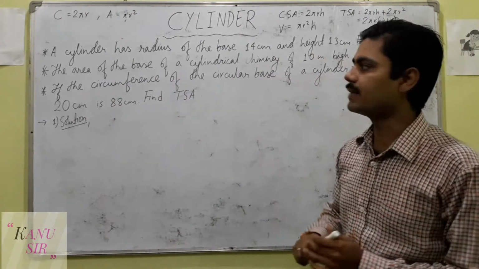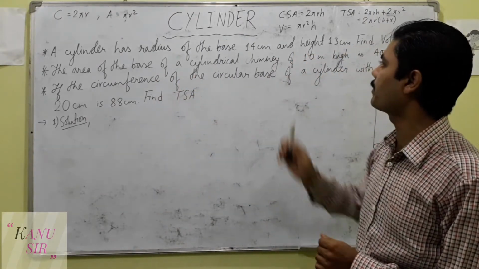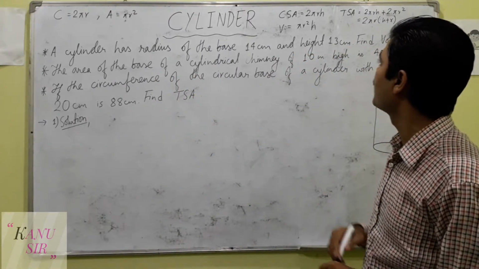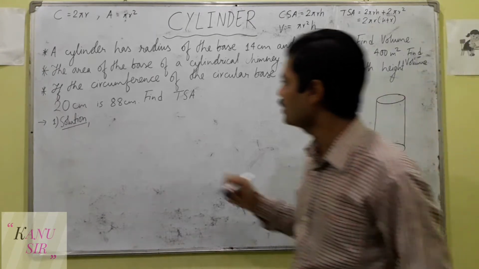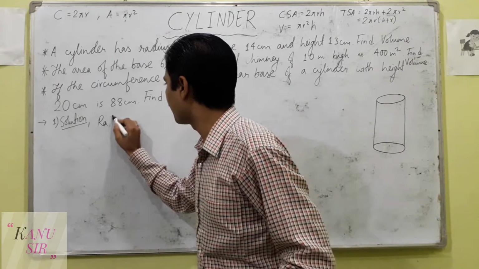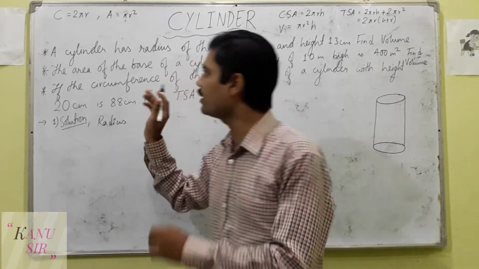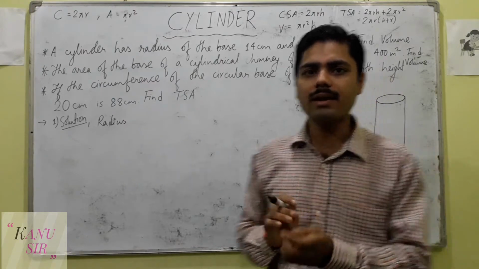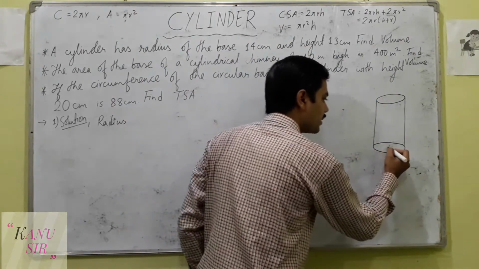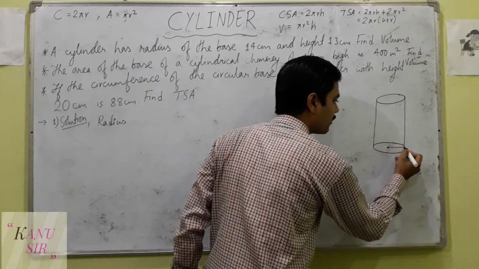The first question is: a cylinder has radius of the base 14 centimeter and height 13 centimeter, find the volume. So we'll write here radius of the base. When the word cylinder comes, there is only one radius, and that radius is inside the base, that is the circular base.